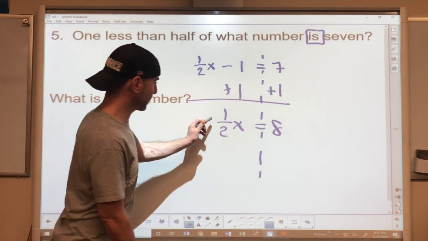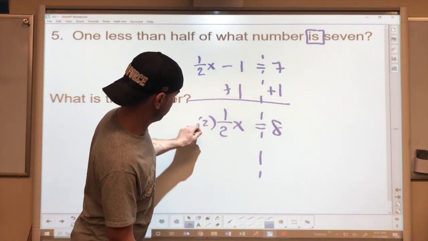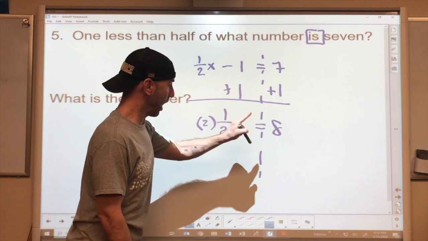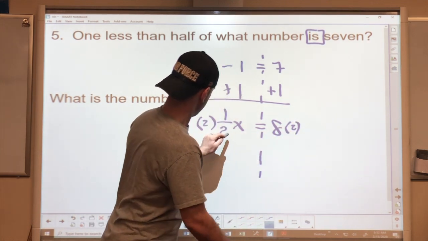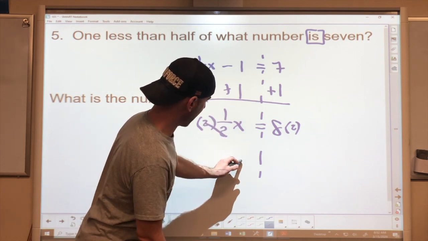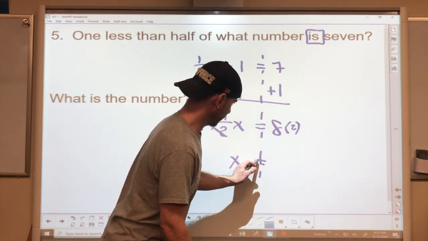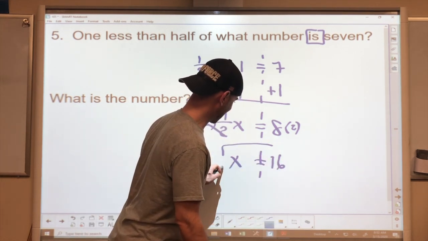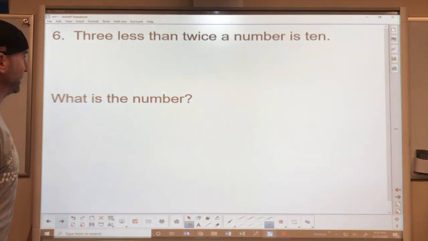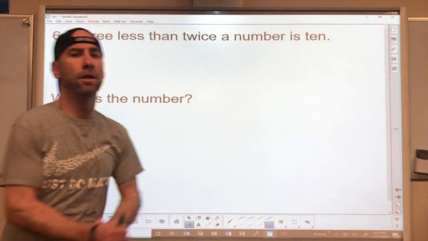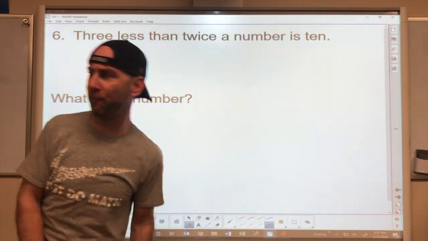So the reciprocal of 1/2 is 2. So times 2. On this side, times 2. Those go away and you have 1x equals 16. And that's the number that we're looking for. Perfect job. Okay. Pause. Go.